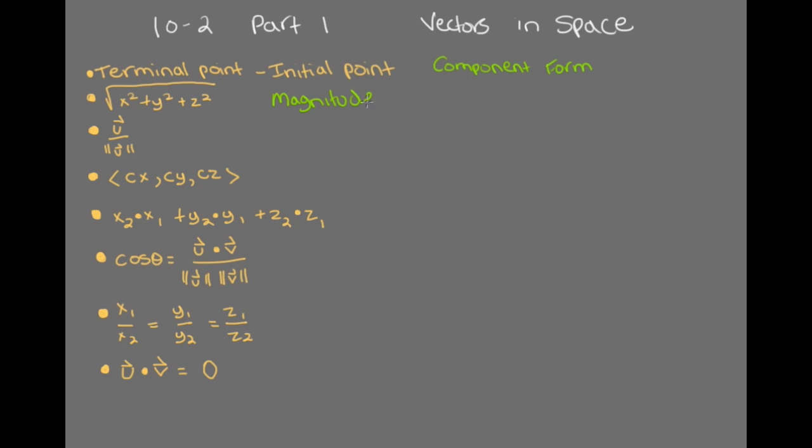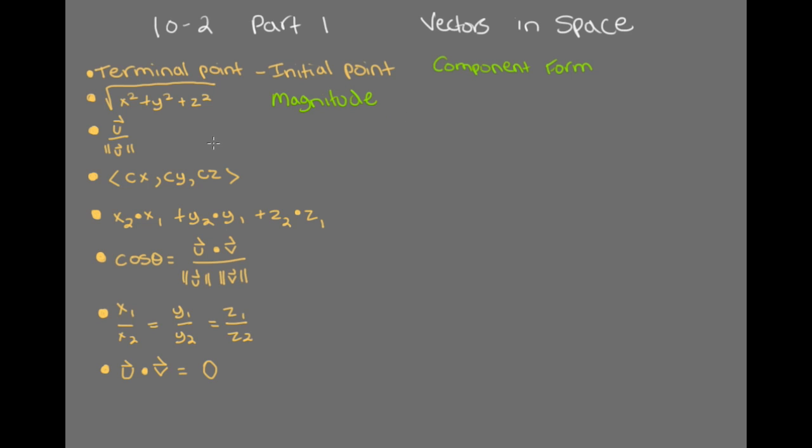The reason we can just say x squared plus y squared plus z squared is because the initial point of a vector in component form is on the origin, which is 0, 0, 0. So since we're subtracting from 0, we can just say x minus 0 squared, plus y minus 0 squared, plus z minus 0 squared, and take the square root of that. You can think of it as the distance formula or a separate formula for magnitude, whichever is easier for you.